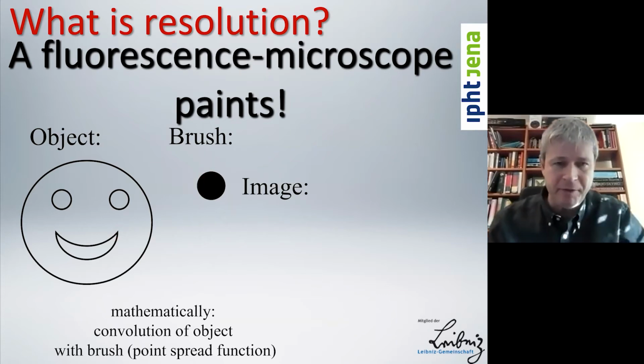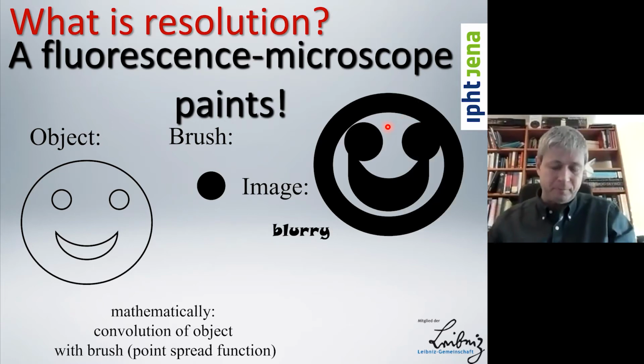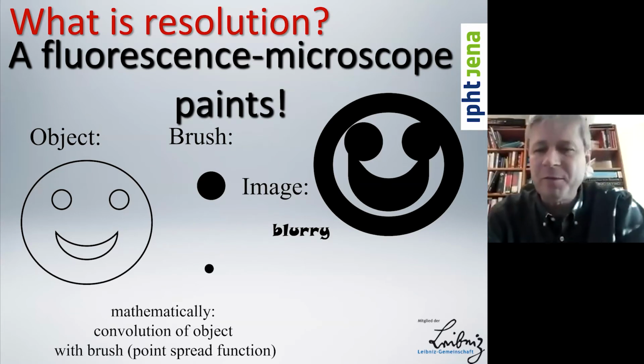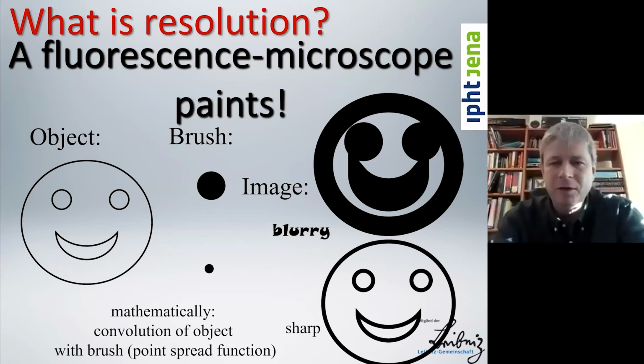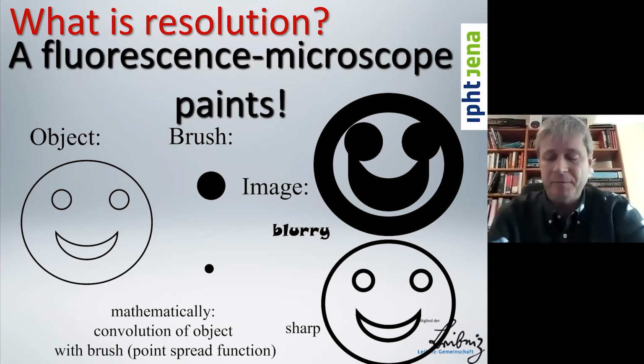It is like a painter painting with a brush. We take the point spread function as the brush and then paint the object. Actually, it turns out you can also invert this. You can say, this is my object and this is my point spread function. You get the same result, just a side remark. And of course, making a smaller point spread function is the whole trick of super resolution microscopy, because then we get sharper images.